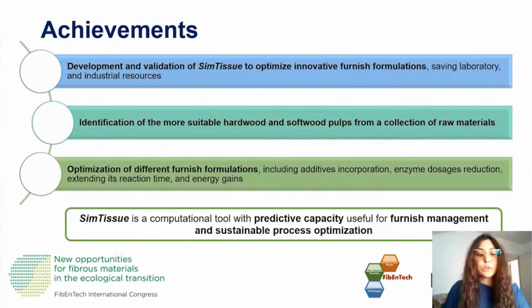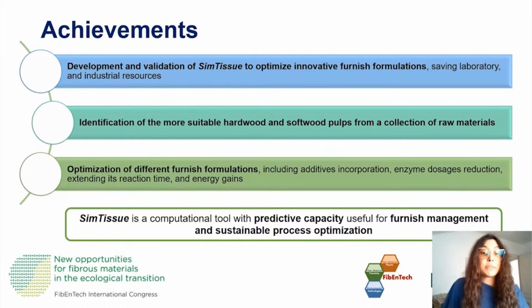So, in conclusion, with this work it was possible to develop and validate the sim tissue to optimize innovative furnish formulations, saving laboratory and industrial resources, identify the more suitable hardwood and softwood pulp from a collection of raw materials, and optimize different furnish formulations, including additives incorporation, enzyme dosage reduction, extending its reaction time, and energy gains.